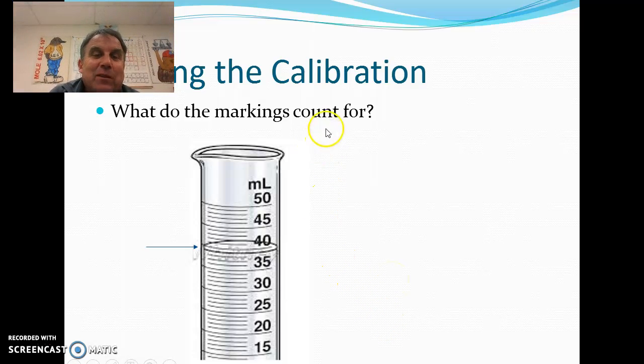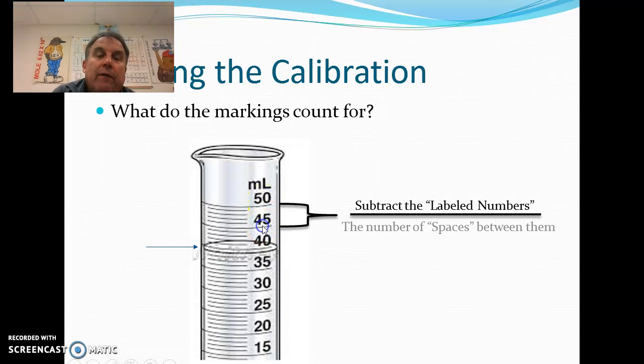Now, what do the markings count for on this one? Here is the line we're trying to read. If we subtract 50 minus 45, we get 5, and there's 5 spaces between, so each space counts for a milliliter. See if you can read that volume of water in this graduated cylinder.